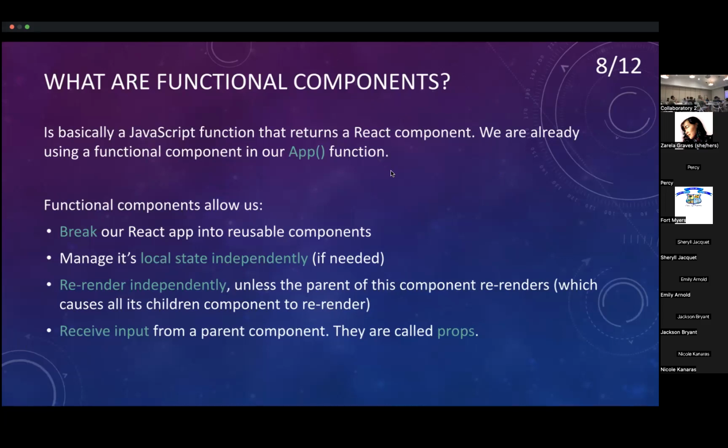So as I was saying at the beginning, we can break our different pieces of the UI in different components. We can manage state independently. We can re-render independently if we need to. Let's say I have a very expensive component that has an expensive calculation. I can render it independently from the rest of the components.